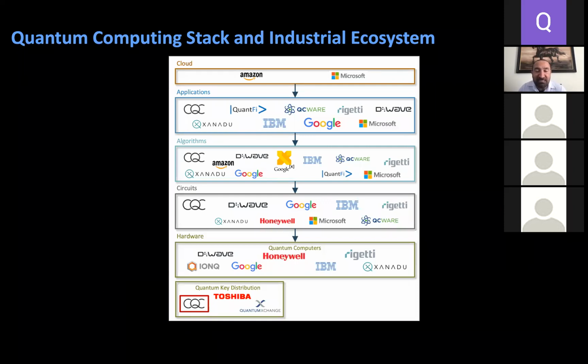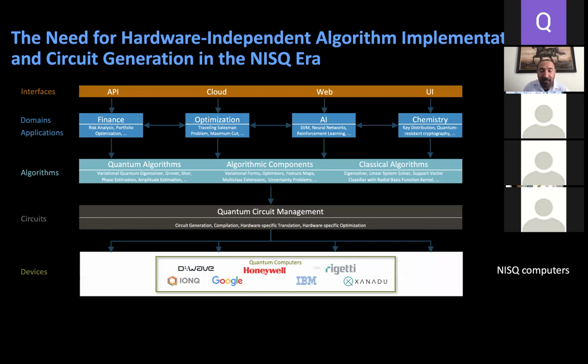But you see, this is growing so fast, with new companies, a lot of startups. And at the level of hardware, I wanted to mention that in the quantum domain, there are both quantum computers and quantum key distribution solutions, which I will explain in a second.